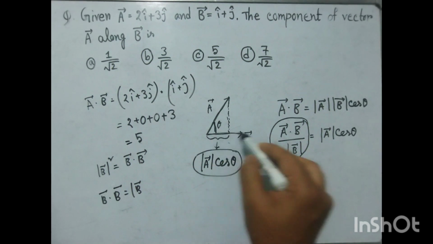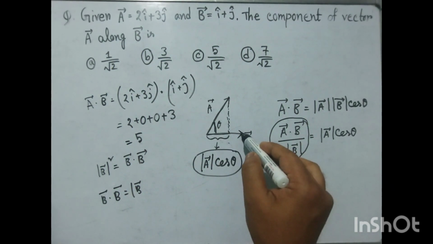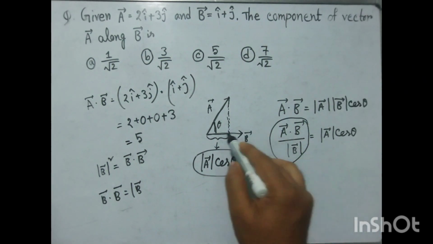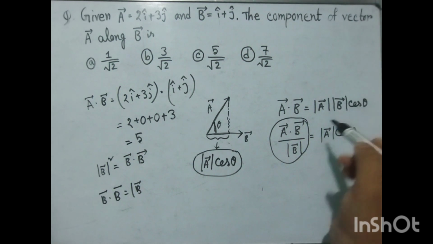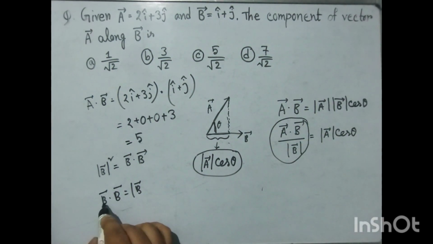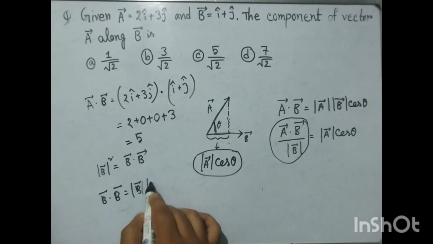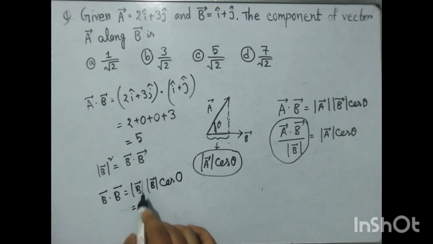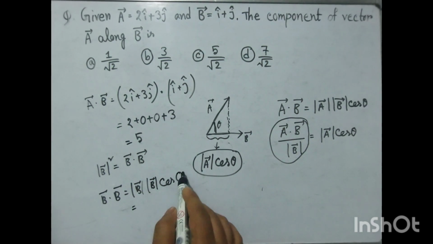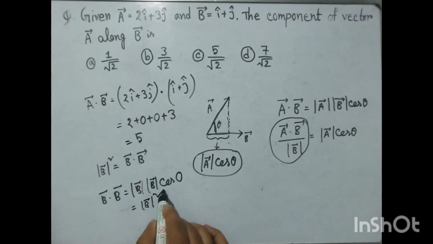Theta will be the angle of B vector with itself, so that is 0. So cos 0 is 1, and that's the reason why B vector dot B vector is mod B vector square. B vector is making 0 angle with itself.